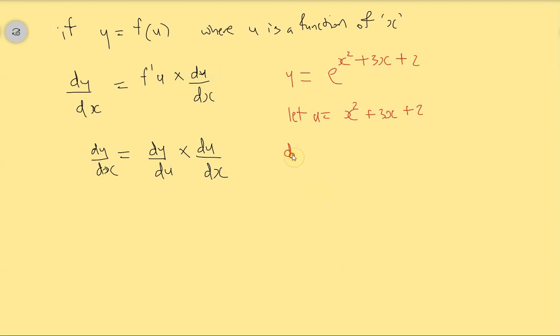Therefore we have y is equal to e to the u. Great. Now we find our du dx and our dy du.